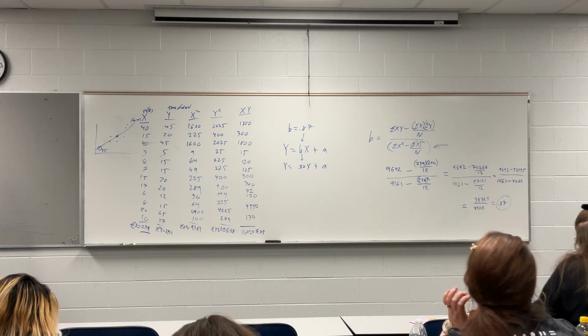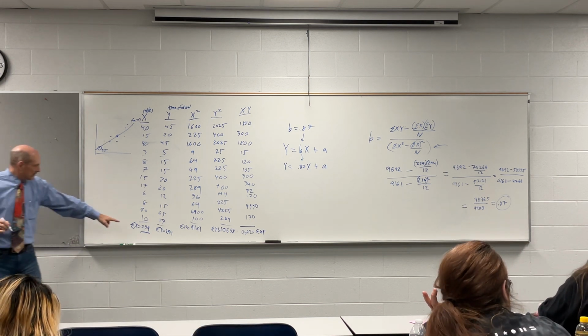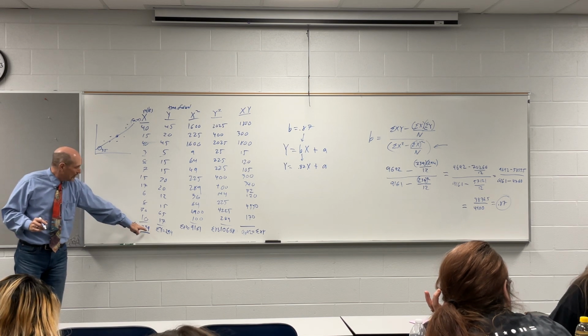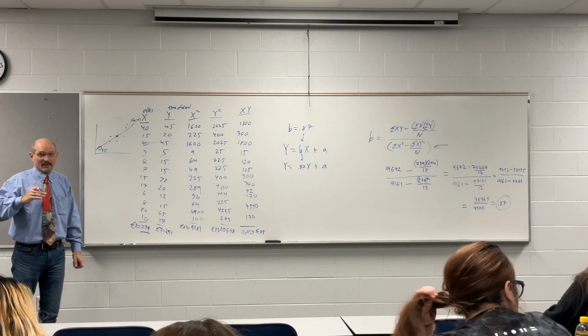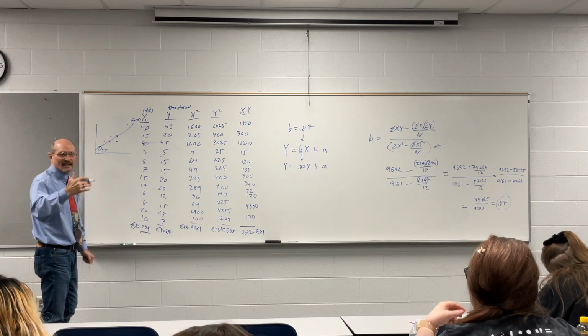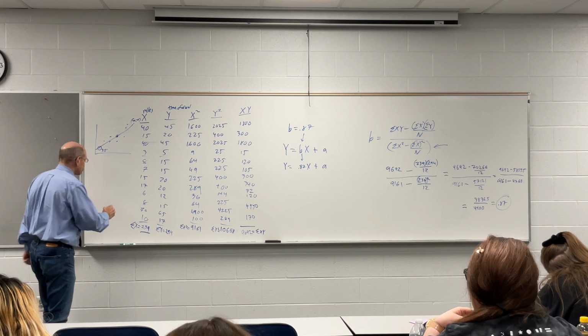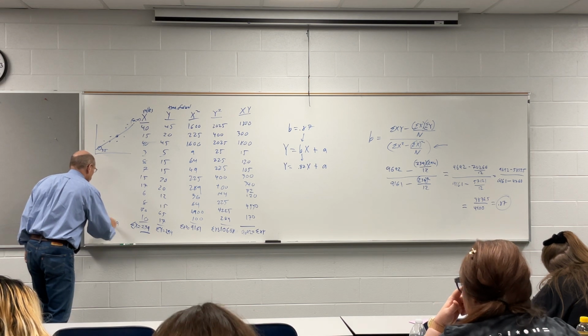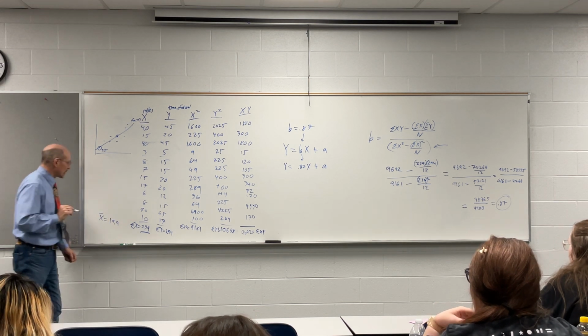So I take the 239, divide that by 12, and I'll probably get something like 19.92999. Say 19.9. Does that work? Sure. Notice in this case, I'm going to say x bar is 19.9.